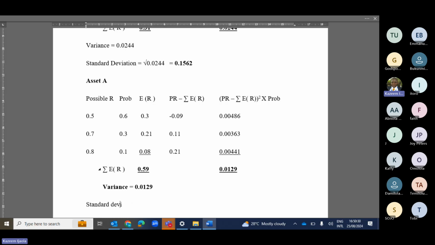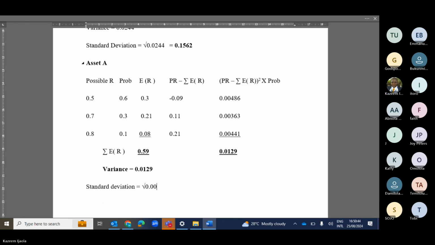Then the last thing is to calculate your standard deviation. Standard deviation is the root of your variance. So if we root our variance, 0.0129, what's the standard deviation, please?